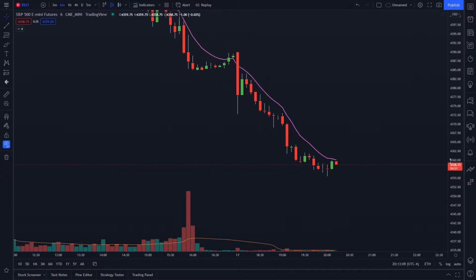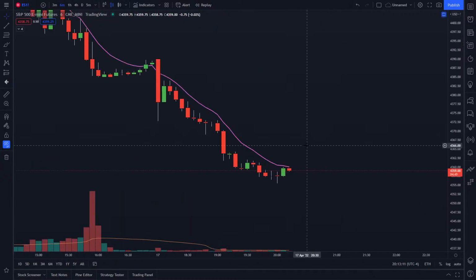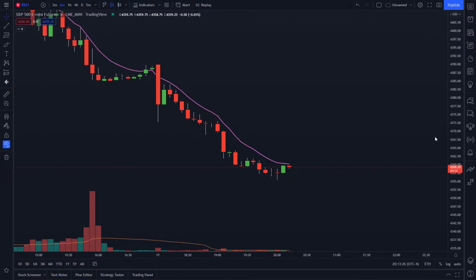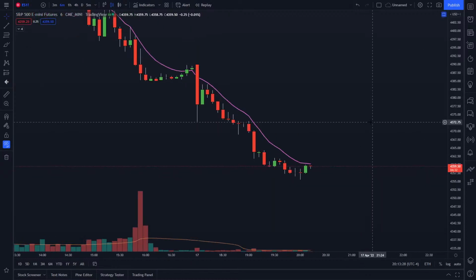So if we had entered the short position on that big red engulfing candle right here, we would get out of the position when we start to push over for 2 consecutive candles on our 6 minute or on our 5 minute. So that's the way that you're supposed to use the 2 different time frames. You enter on the shorter time frame, and then you monitor on your higher time frame.